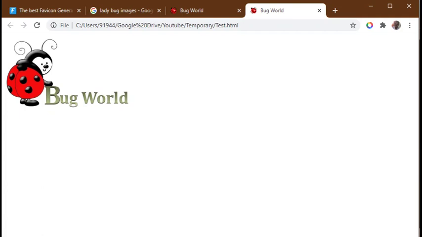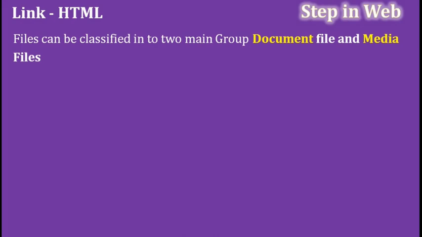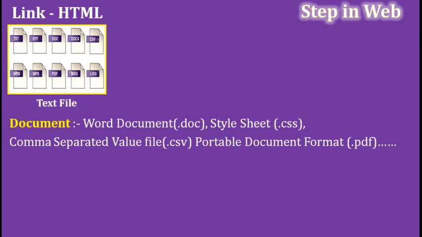Now we will see in detail each element and what options are available for each attribute. In the digital world, there are two types of files available. One is document files and another is media files. Documents can be classified as Word documents, style sheets, comma separated values or portable documents.